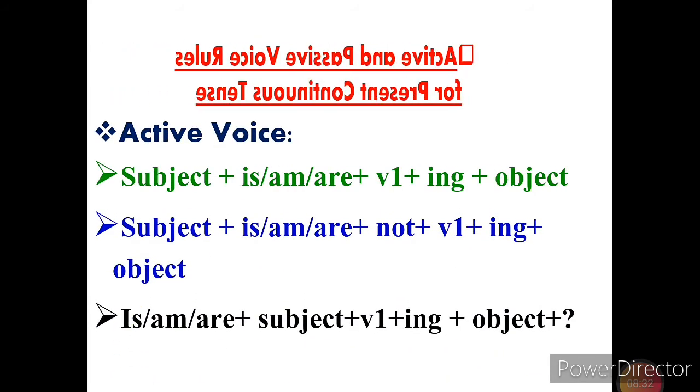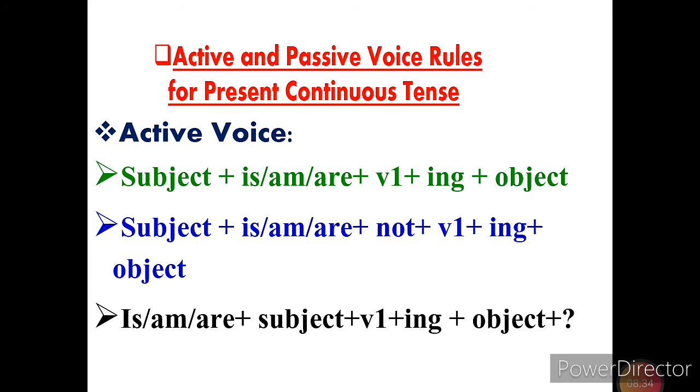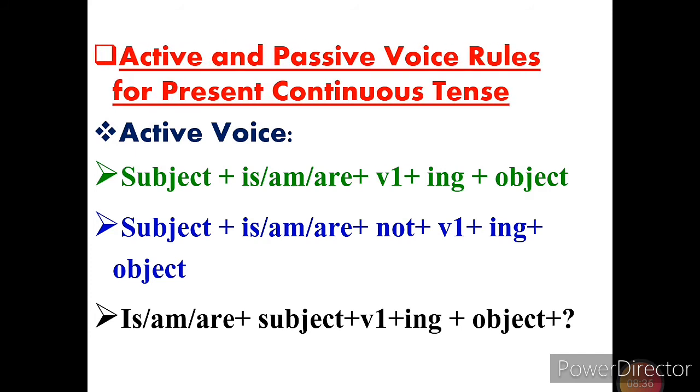Now, active voice and passive voice rules for present continuous tense. Active voice: subject, is, am, are, base verb and ing form, and object. The change from present simple to present continuous is the ing form.